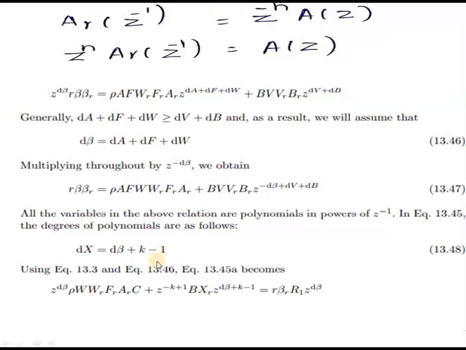And further, from equation 13.3, this is the equation 13.3, and from equation 13.46 and from equation 13, with the help of this property and this property, the equation 13.45a becomes as follows.